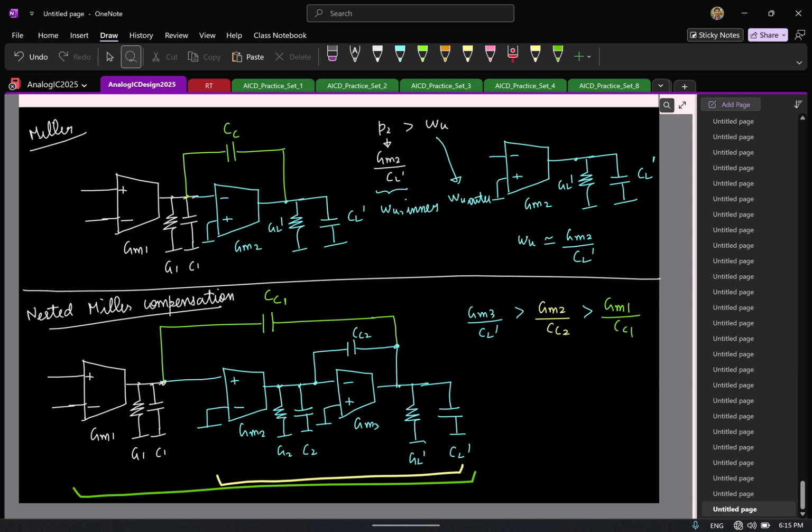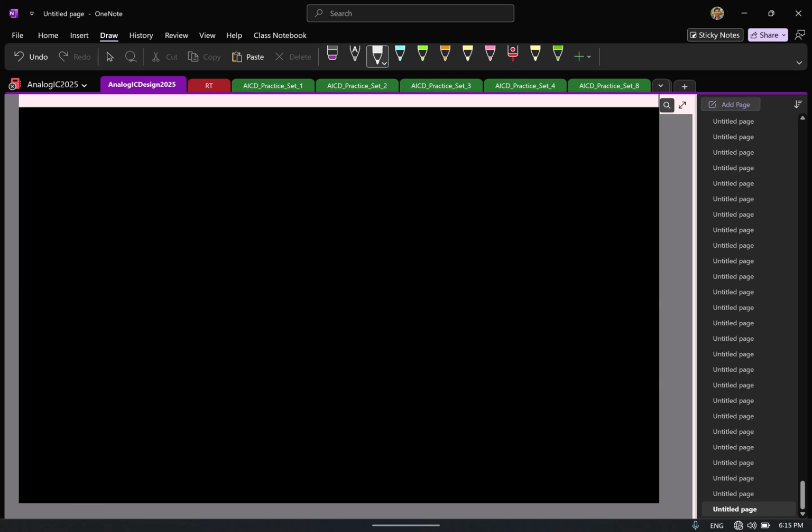So this is basically Miller, but we also know another trick up our sleeves, which is feed-forward compensation. Let's try to do the same and get a 3-stage feed-forward OTA. So I'll quickly draw a 2-stage. I'll not draw the signs; I hope you can figure it out. This is GM1, GM2.